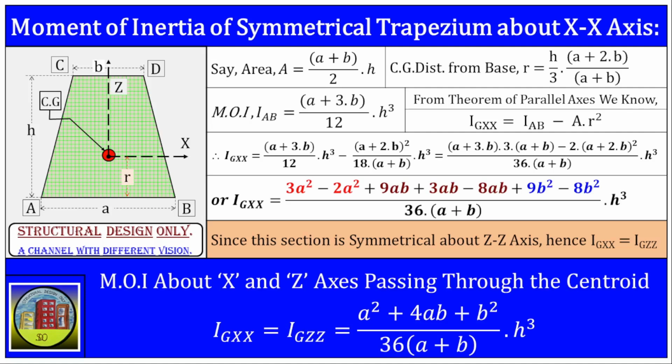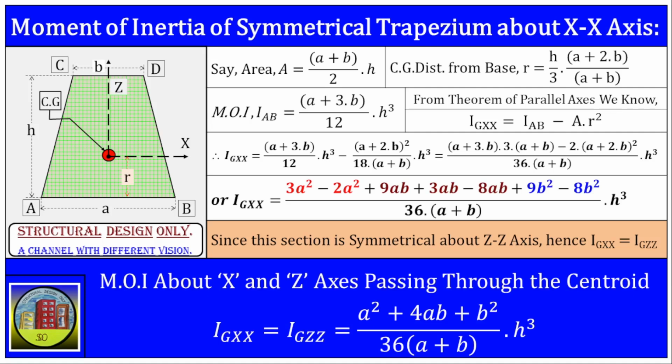Moment of inertia about AB, IAB: we have already calculated this value in slide number 5, as IAB equals (a plus 3b) into h cubed by 12.